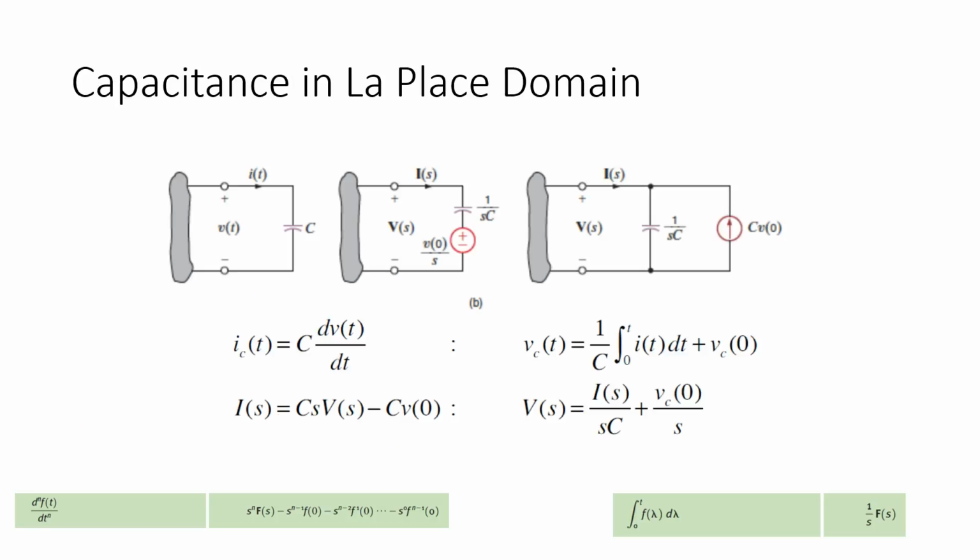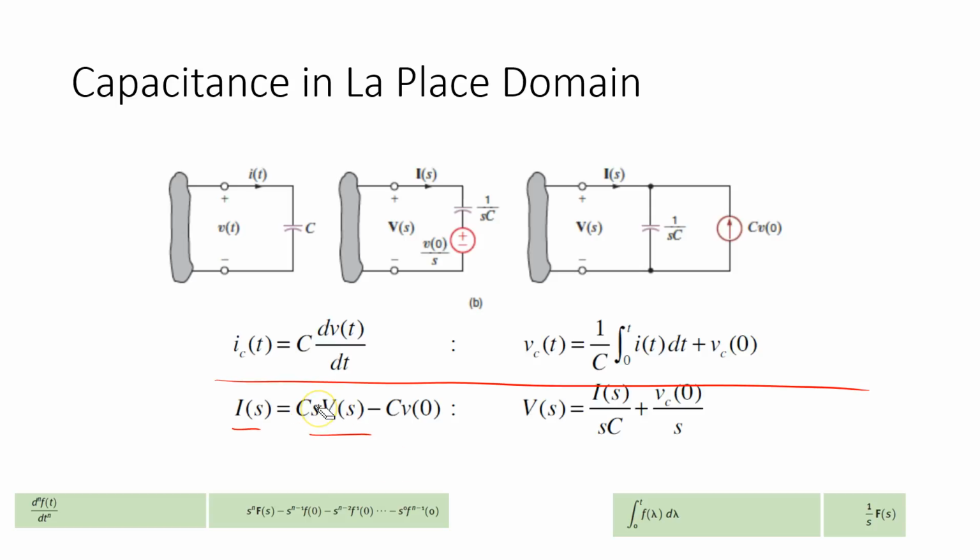When we move to the capacitor, it's a little bit different. We now have a differential, a derivative. When I write this either in derivative form or in integral form, I can bring those into the S domain as we showed previously, and then I can see that, for instance, here I(s) is related to V(s) through this admittance.